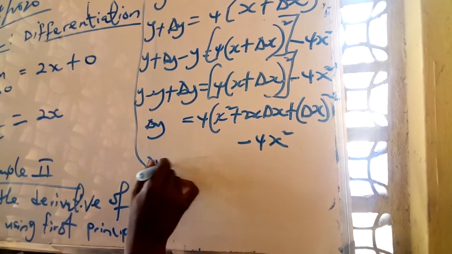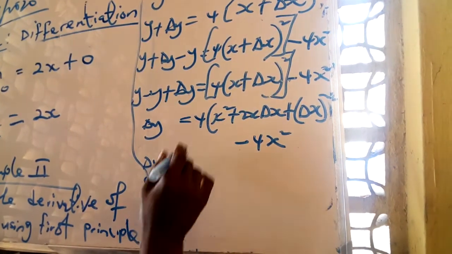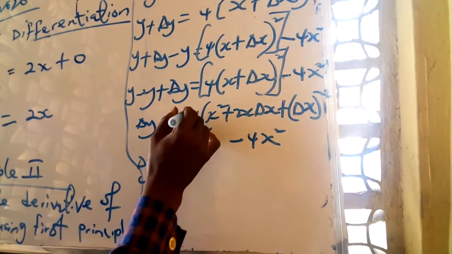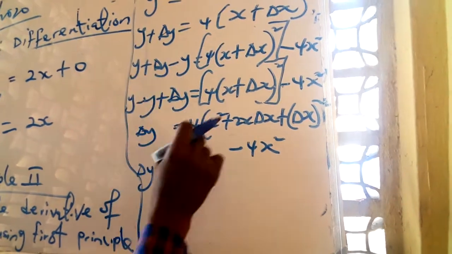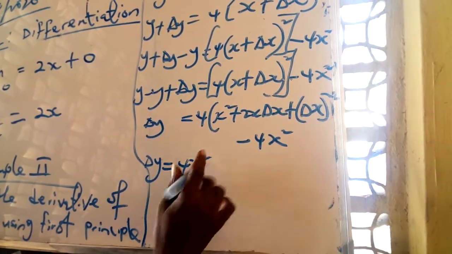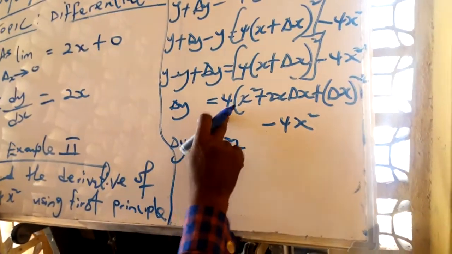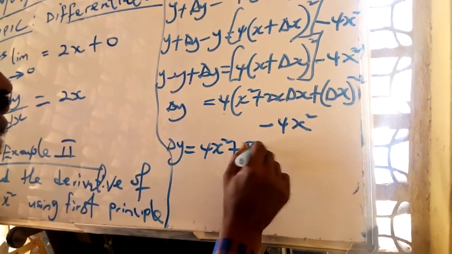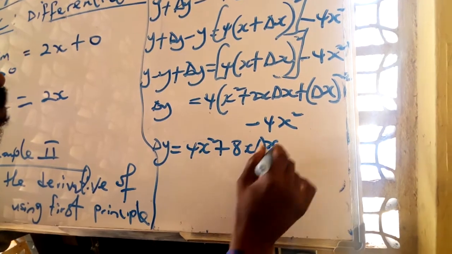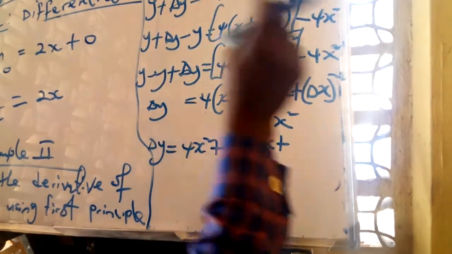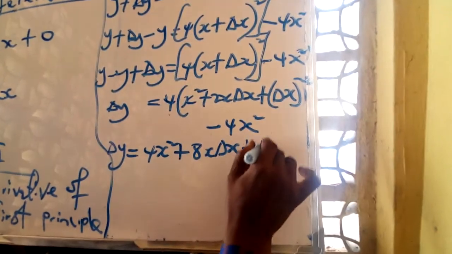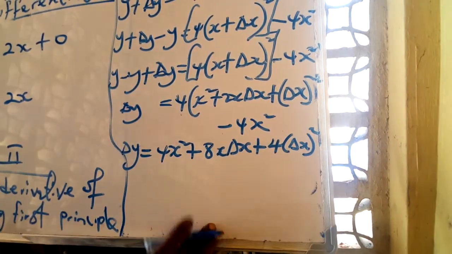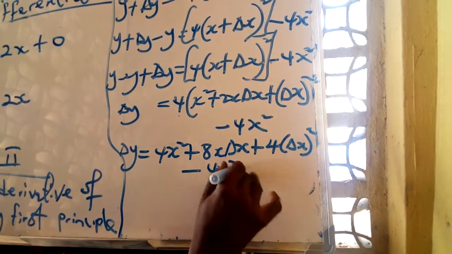From here you have delta y equal to, let's see how we can expand this. This minus this is what? The product of 4 and x squared will give us 4x squared, plus the product of 4 and 2x delta x will give us 8x delta x, plus 4 multiplied by this particular one will give us 4 open bracket delta x squared, then minus 4x squared.